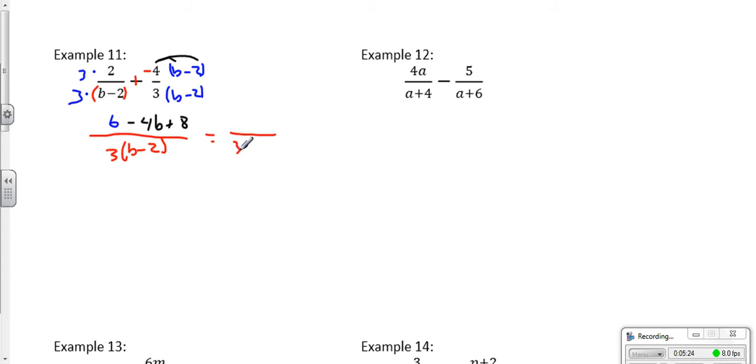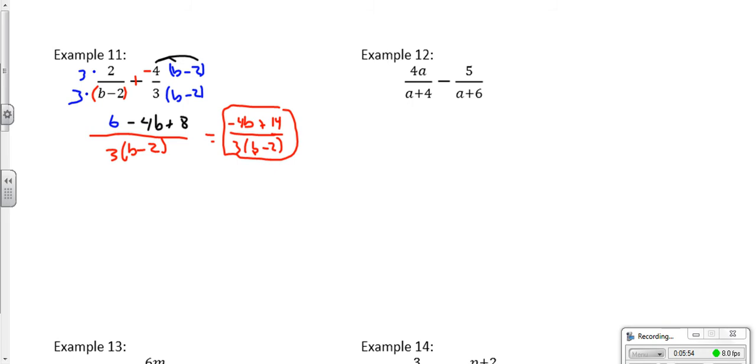I do not have to distribute this 3 in the bottom. I'm okay with you leaving it as is in factored form. That's good enough for me, but if you wanted to distribute the 3 you could, but it wouldn't really do us any good. So I'm going to write the term with the variable first, and that's a negative 4b and 6 plus 8. That's our answer.